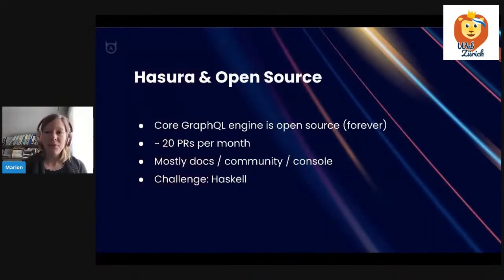Not only contributors, but also people who are into functional programming and know Haskell to do this as a job. So this is a little bit the challenge, but we've put some work into getting more contributions on Haskell, and I think we'll see a little bit more rise in these contributions as well.